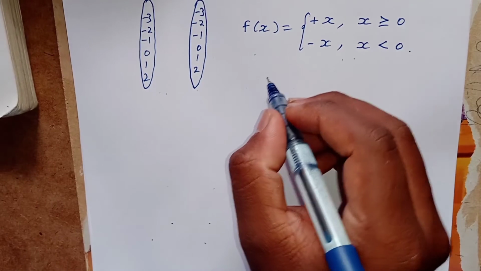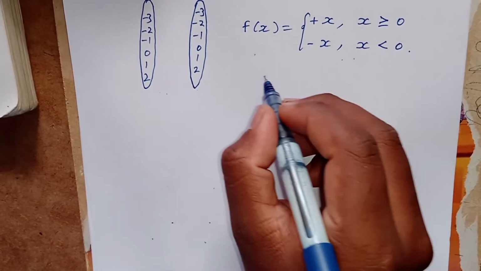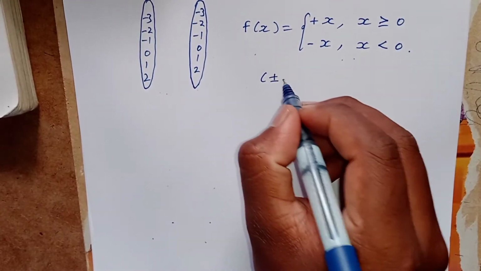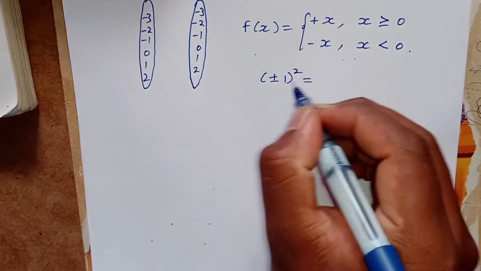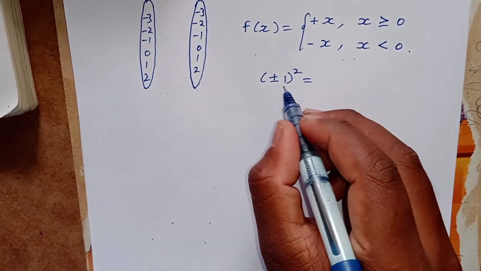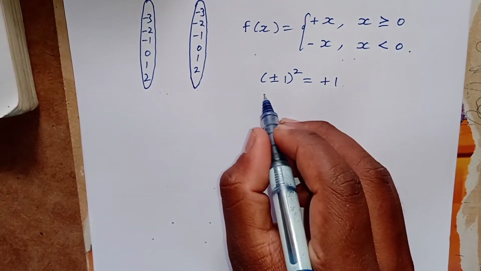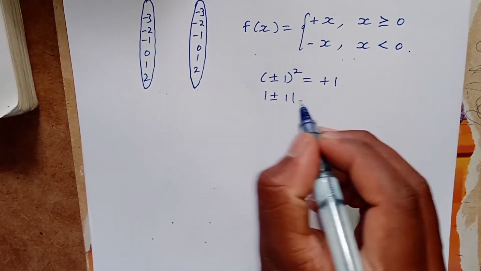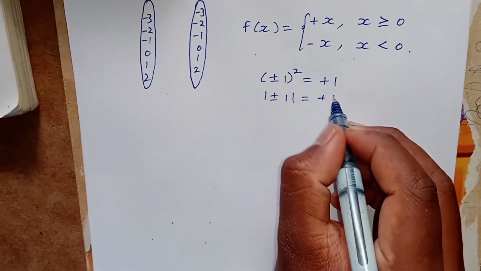In the modulus function, it is similar to square. Okay, if I take plus or minus 1 in square, if you square +1 or -1 you will get only +1. The same here, it is modulus function, plus or minus 1, the answer will be +1.